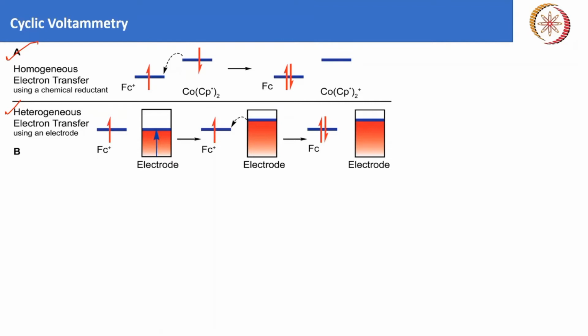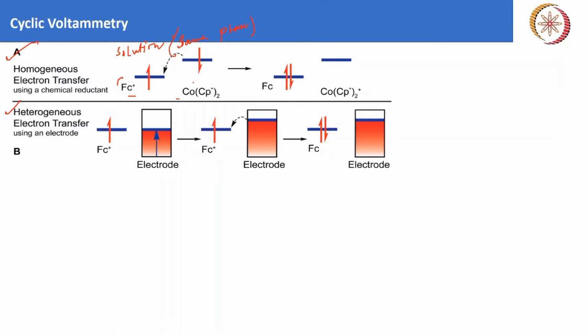For homogeneous electron transfer, suppose you have two components, ferrocene and cobaltocene, and both are in the solution. These two are in the same phase, so it is called homogeneous.